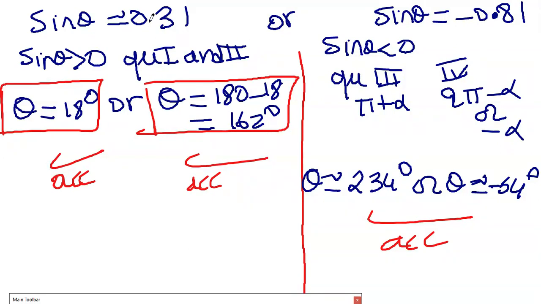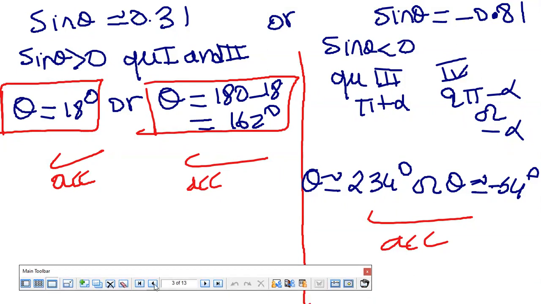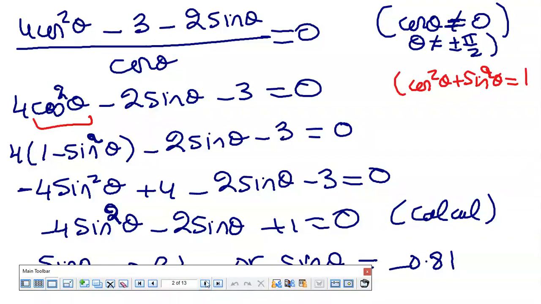Normally, if you put shift sine 0.31 in the calculator, it gives the answer in quadrant 1. So the first one is exactly the calculator, and the second one is pi minus the calculator, or 180 minus 18, 162. And the two values are accepted, because they are not pi over 2 or minus pi over 2.